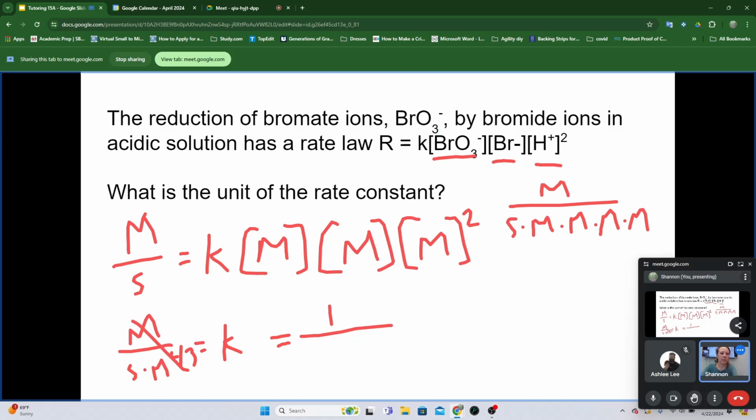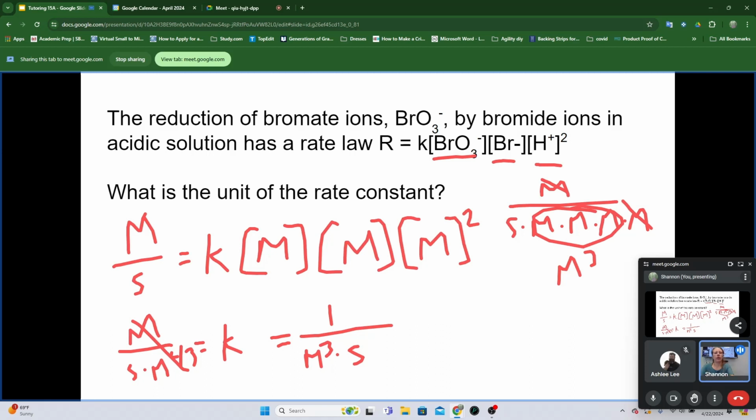And so only one of those molarities cancels, and so this equals M to the 3. We started out with M to the 4 because there were 4 of them, and one of those cancels, and so you're left with M to the 3 times seconds. So that is that.